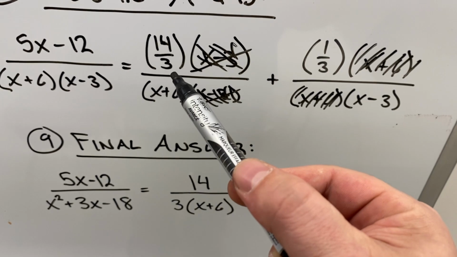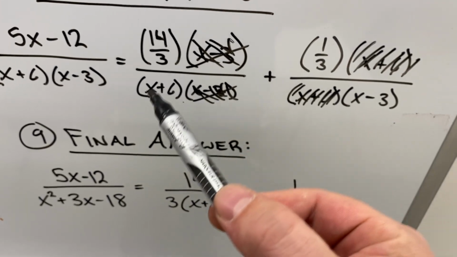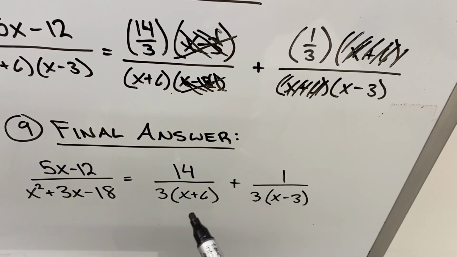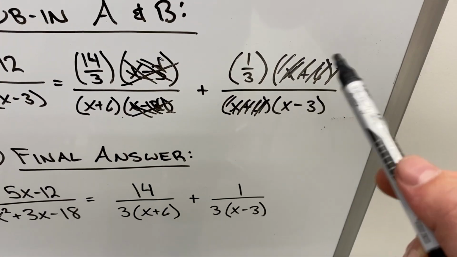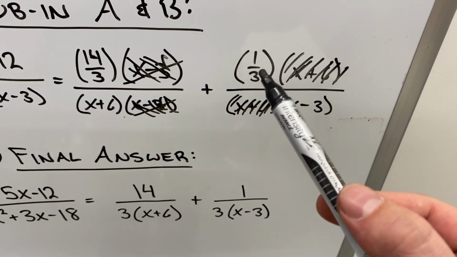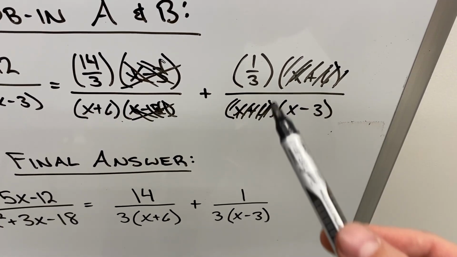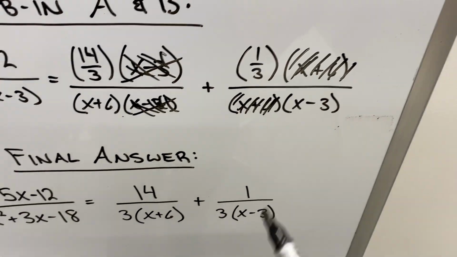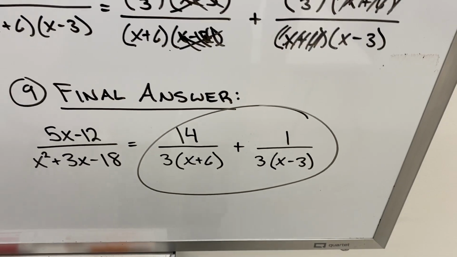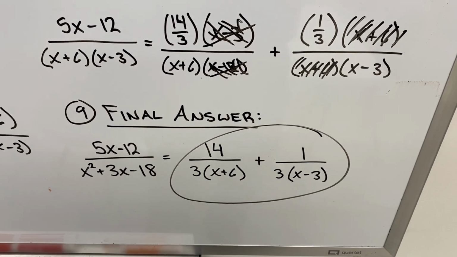Because for this 14/3, 14 stays upstairs, 3 goes downstairs, those canceled out. 14 over 3 times x plus 6, good to go. And again, we canceled our like terms here, and for our 1/3, 1 stays up top, 3 goes downstairs, 1 over 3 times x minus 3. Final answer, right there. And that's partial fraction decomposition Barney style.